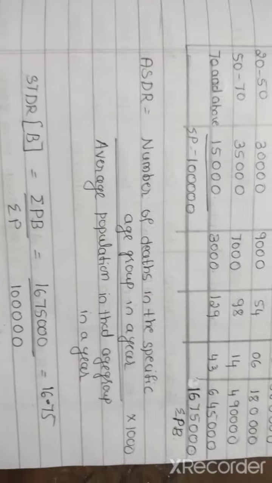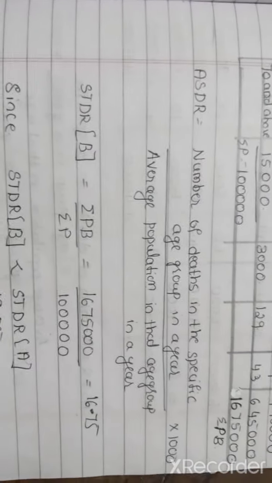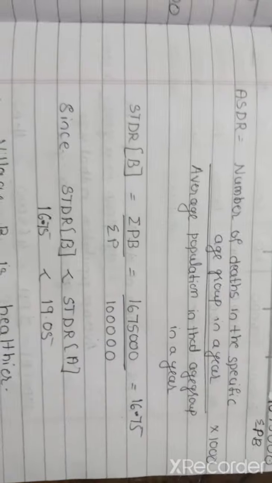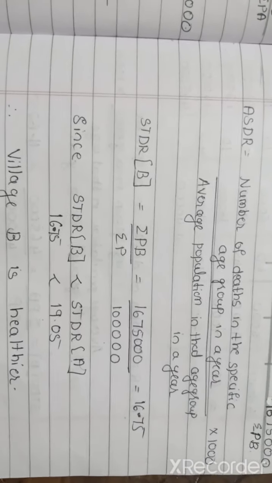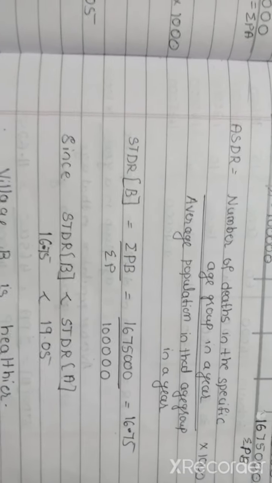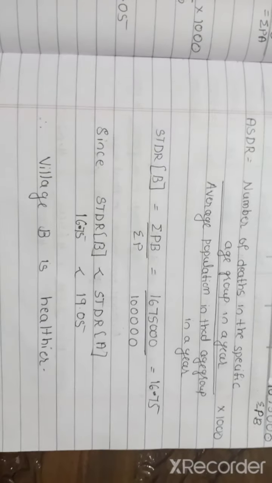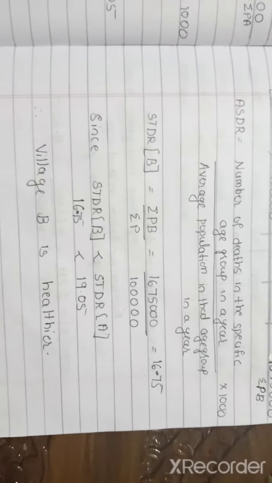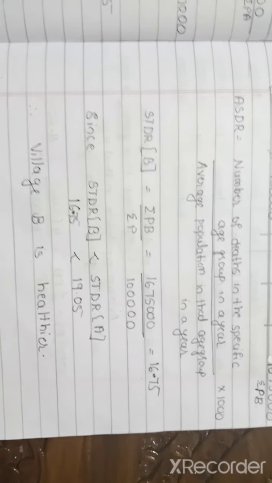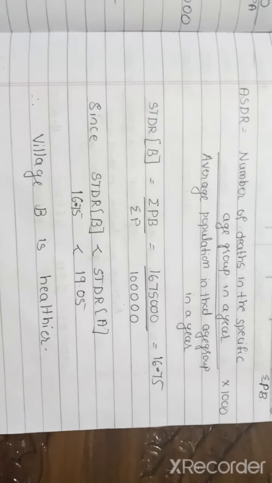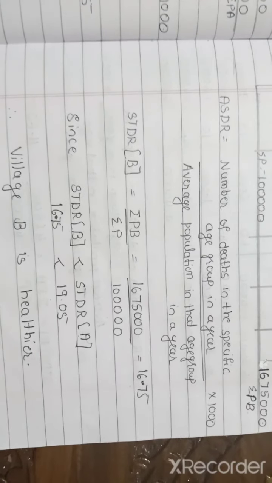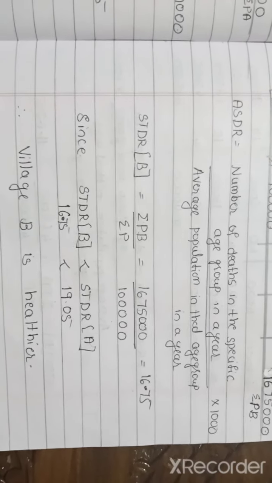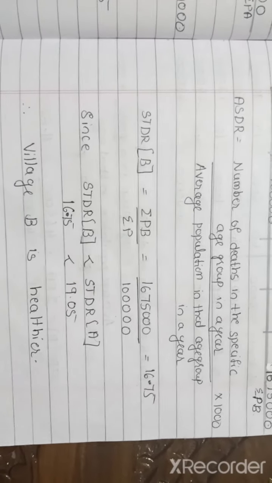If you consider this STDR, it is giving importance to age, but CDR is not giving importance to age. STDR gives importance to age groups, and it is useful for comparison of mortality of two or more populations. Which is healthier, we can tell using this.